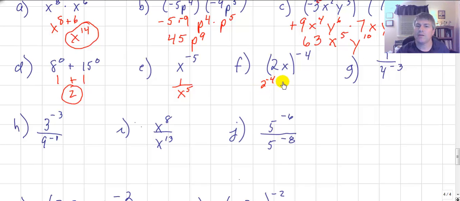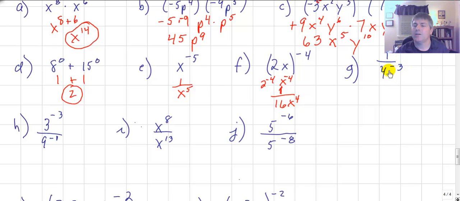So 2 to the negative 4, x to the negative 4, which is the equivalent of 1 over 2 to the 4th, which is 16x to the 4th. So my final answer, 1 all divided by 16x to the 4th.